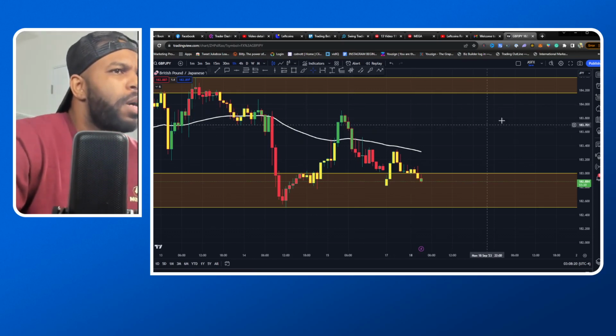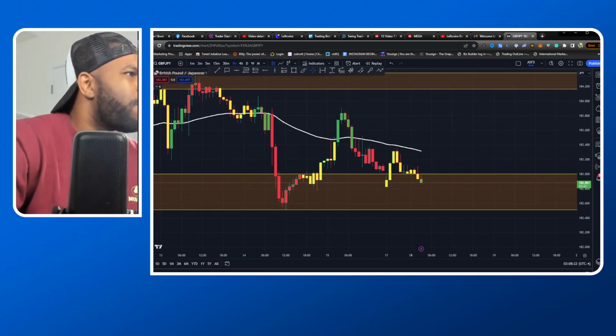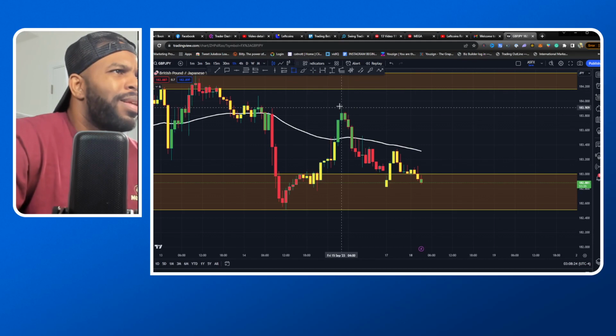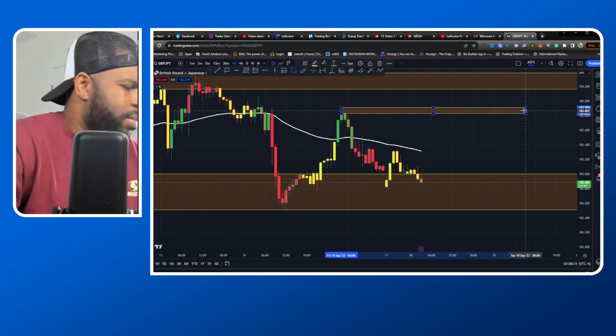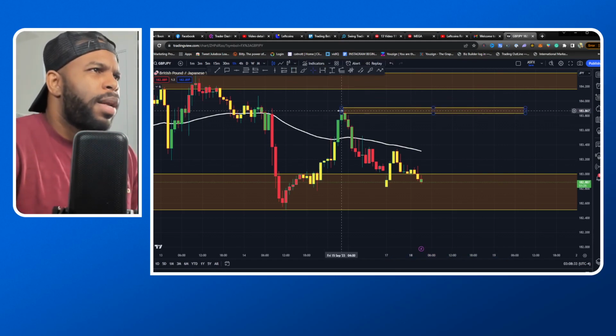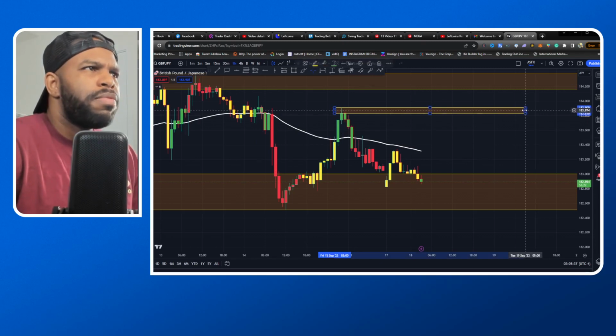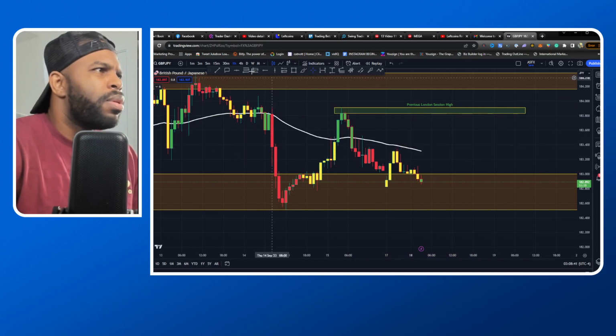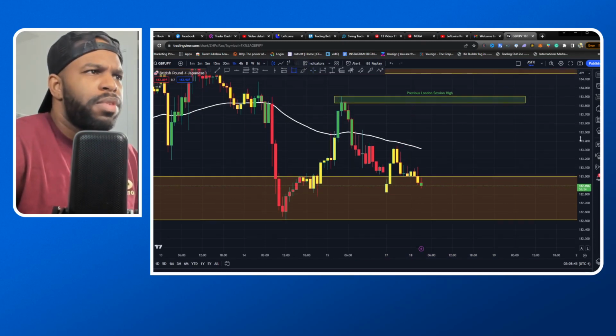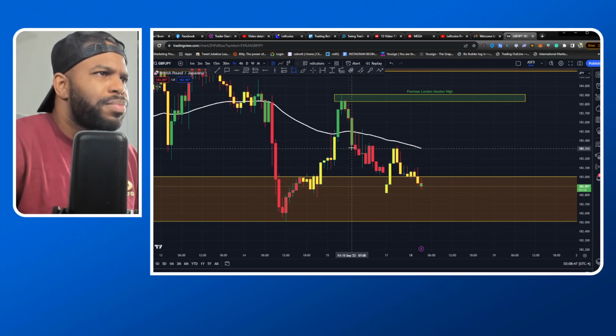Right now, I want to look at the previous London session high. Draw the rectangle from the body to the wick to the body. I already have a template for that. We'll name this the London session high, and then the previous London session low is here.